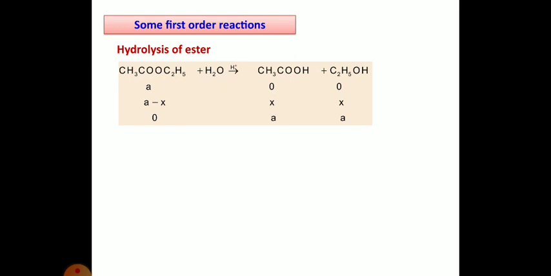If you look at the initial and at time t, you will notice that at the start the concentration of the particular species, that is ester, is 100%. At that time the products, acetic acid and ethanol, are 0, and after time t the term A becomes A minus X, meaning reactant concentration is converted into product.